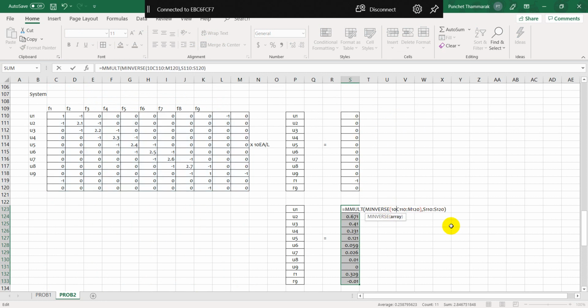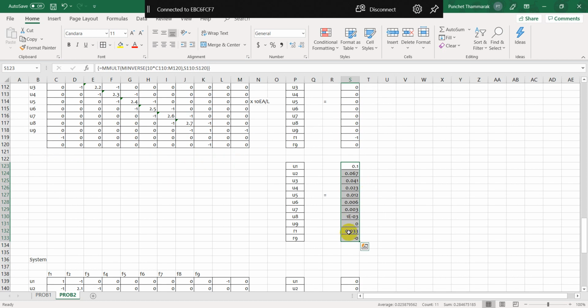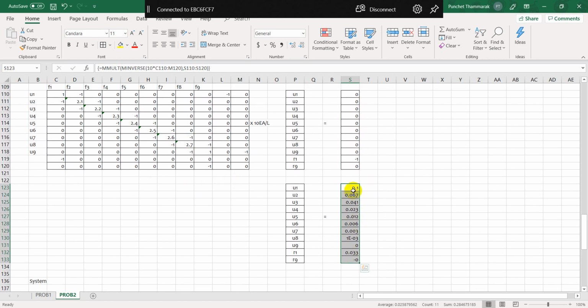Could it be 10 multiply? Is that okay with the argument there, like that? Multiply by 10, just like that. So 10 multiplied by the matrix before that we want to inverse.